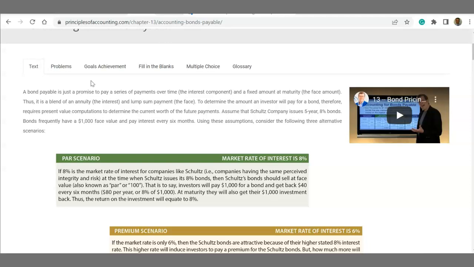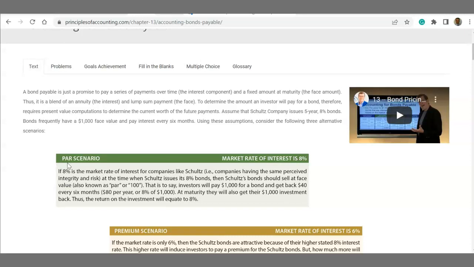Same thing on a bond market interest rate. Market interest rate for every bond, for every corporation, for every issuer is different, but it will be whatever it is. And everything will be calculated based on market interest rate. The only moment you use the bond interest rate is when you want to calculate payment. So the bond interest rate might be, let's say, 8%.